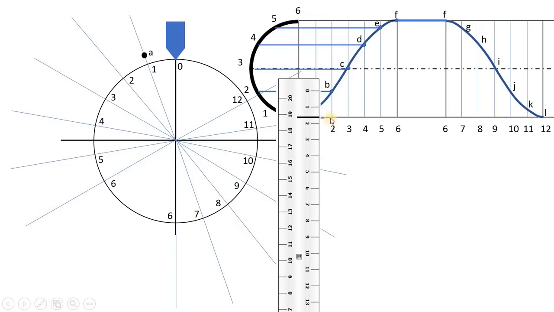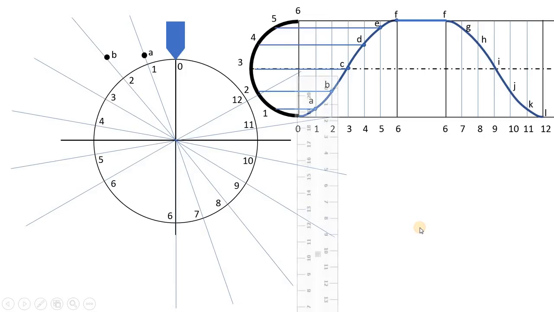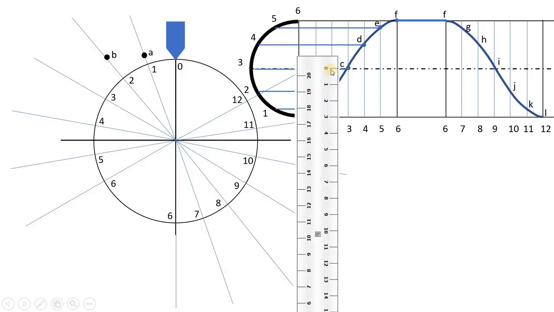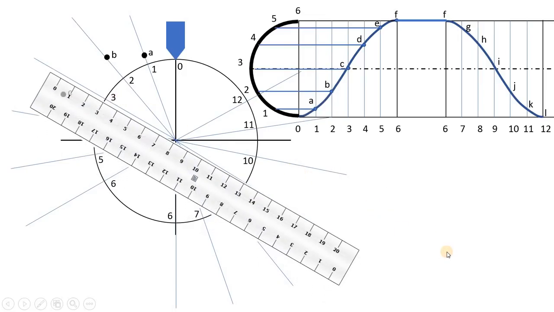Similarly, we'll now mark this distance 2B over here. So this is the 2B distance as indicated by this dark line, and we are marking it over here. This 2B distance is marked over here. Similarly, this 3C distance, that is 3 centimeter, we are marking over here.